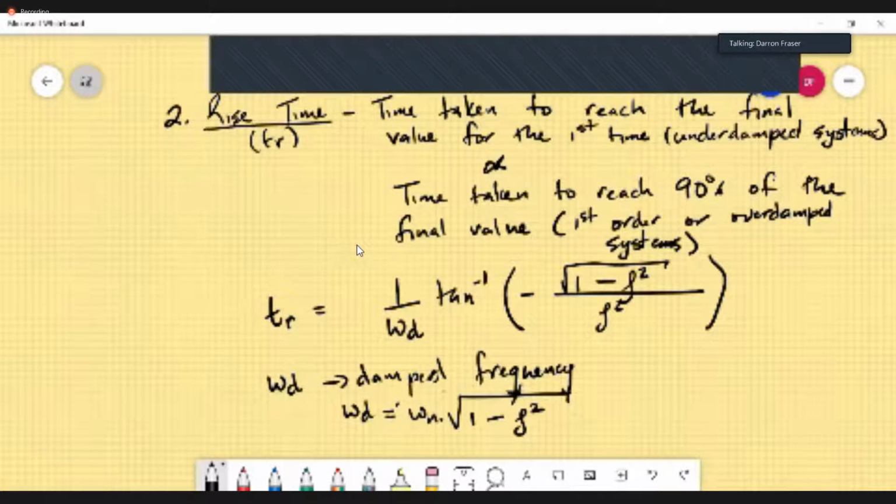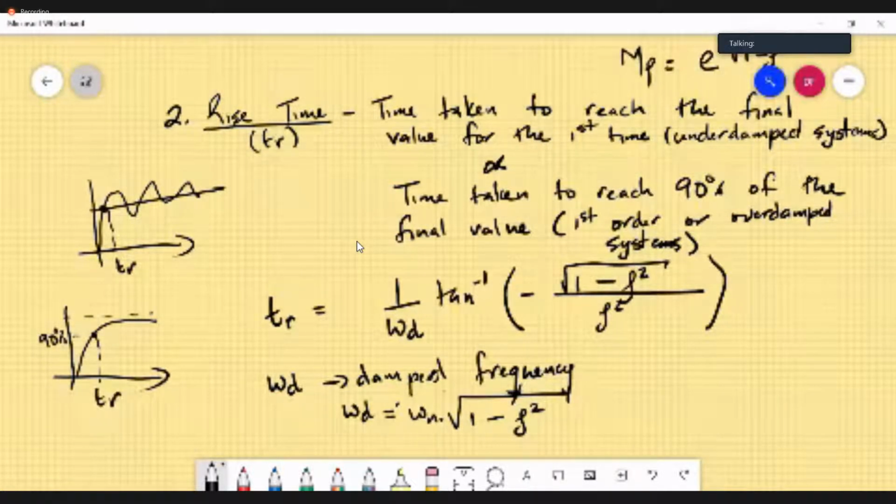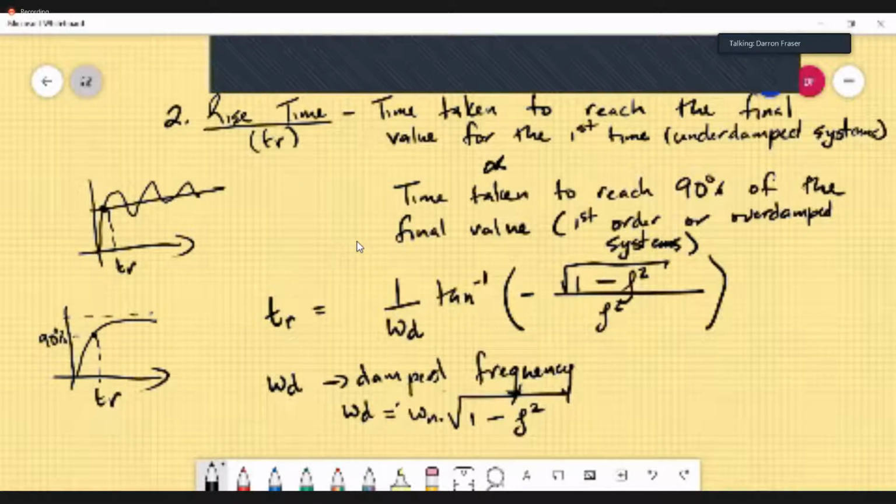All right, so the rise time, like we say, is the time it takes to reach the final value for the first time. If it is a system that is first order, then it theoretically never reaches it, so the rise time is the time it takes to reach 90% of the final value.